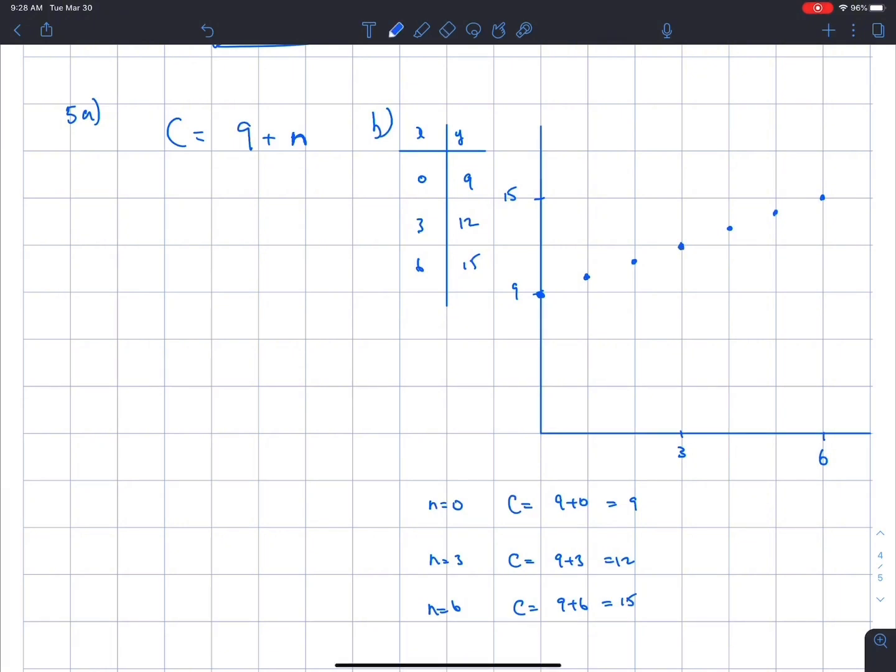C. Find the cost of a 5 topping pizza. So it will just be C equals 9 plus 5. Right? 5 topping means n equals 5. And we get C equals 14.